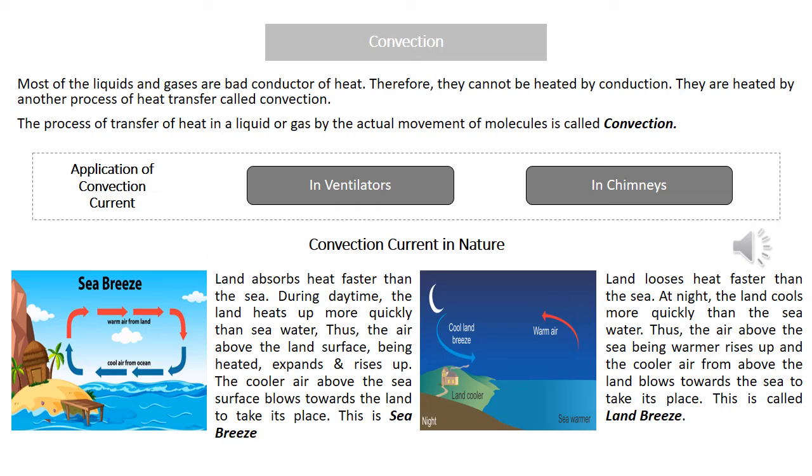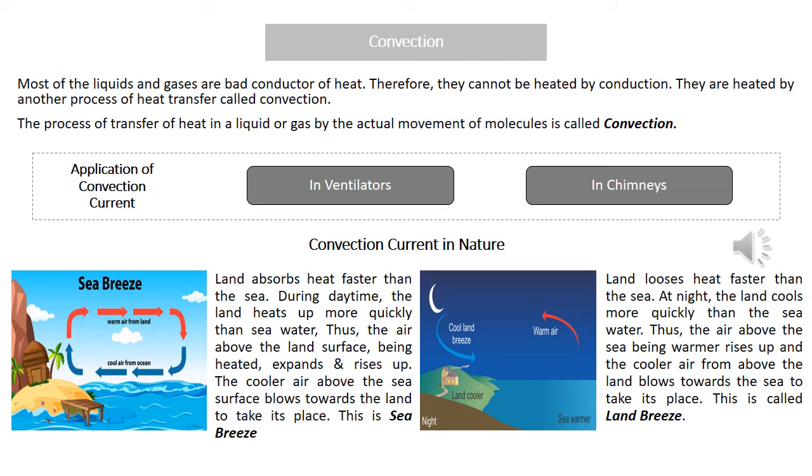They start moving, because there is space in between their particles. So they move, and then other molecules get heat. It will pass to others, because they are getting space also, and they shift from their place. So here the heat is getting transferred by the actual movement of molecules. This is called convection.